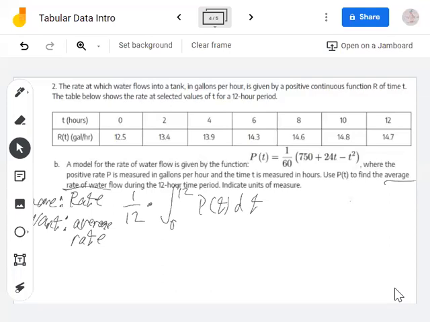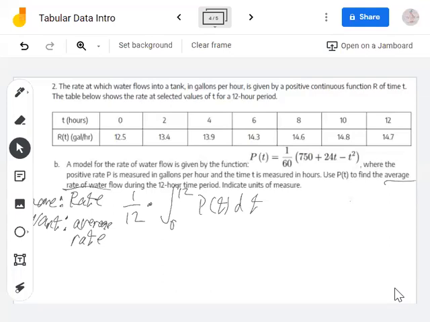So now I'm doing 1 divided by 12 times the integral from 0 to 12 of P of T with respect to X. So I'm just typing in that expression that I put up there, dividing by 12 basically, with the integral set as 0 to 12. Yep, that's it. That's it.